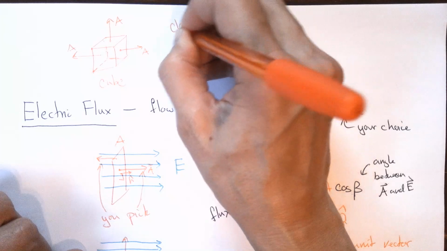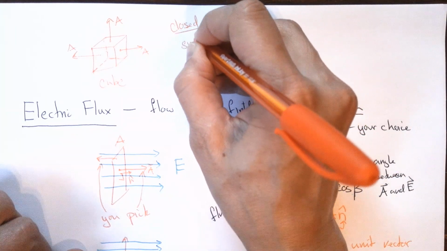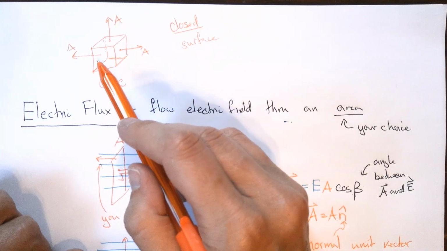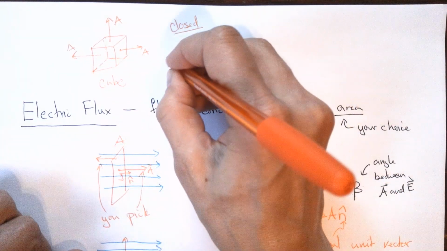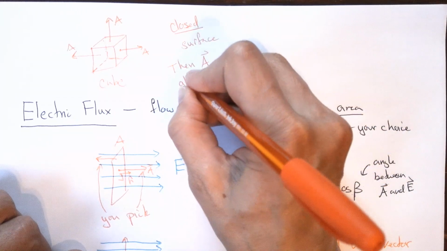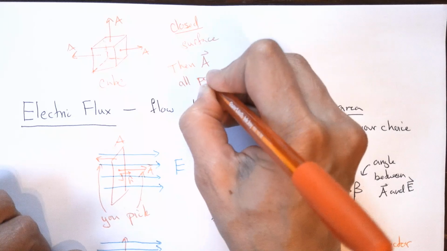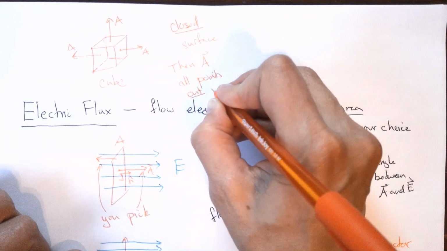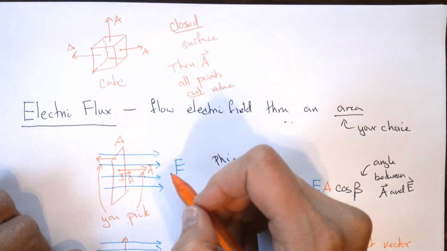If you have a closed surface, one that encases an entire volume, then the direction of A is always out. It always points out of the volume that you're enclosing with this closed surface.